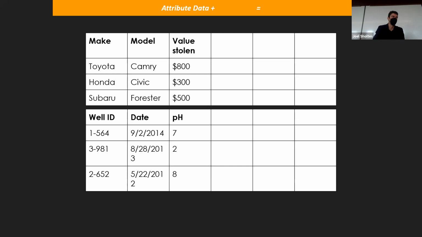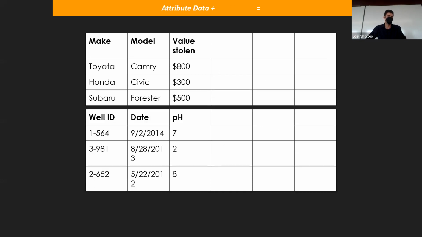What kind of information's in that? Yeah, someone went out and took some data. So pH and well, so maybe they went down and took a water sample of a particular well.